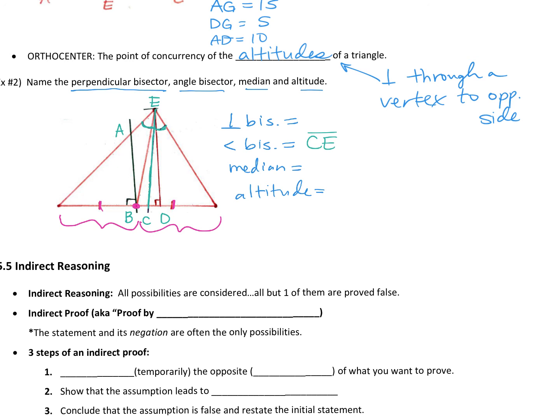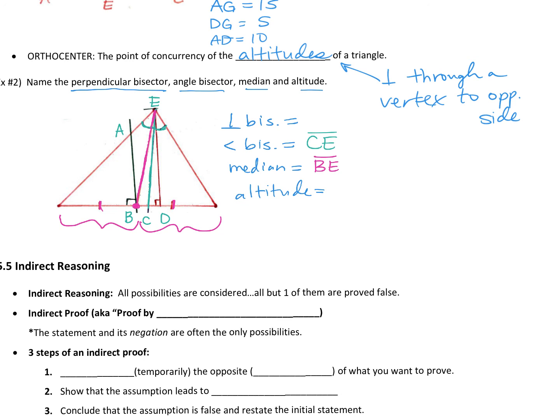B is your midpoint. Is it C? EB or BE, right? The segment that goes from the midpoint through the vertex of the opposite side is your median. Okay, BE.